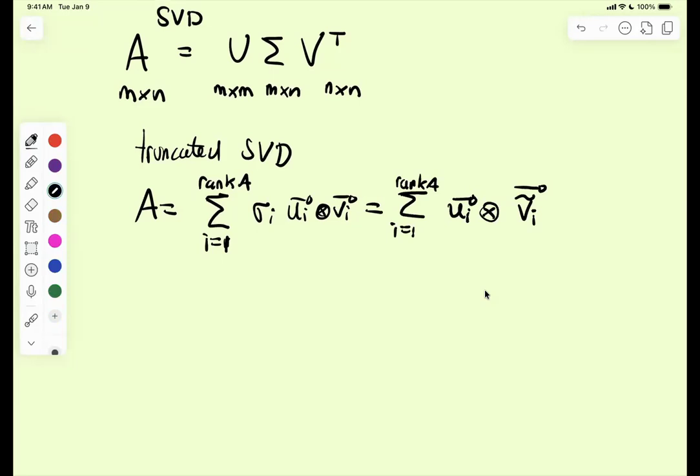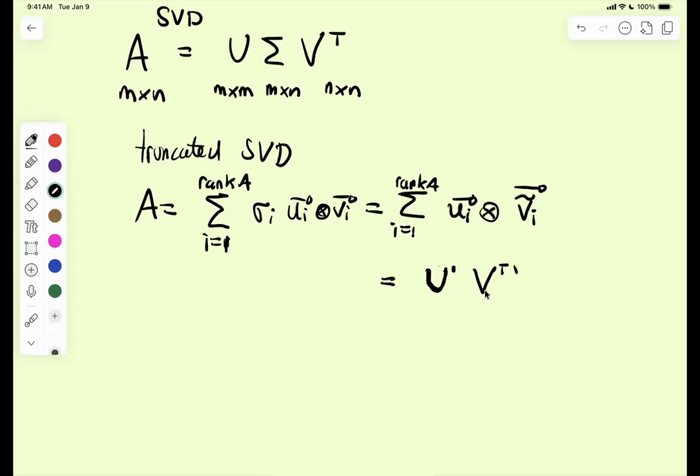And then you can write it as a product of two matrices, which I'll call U prime and V prime.